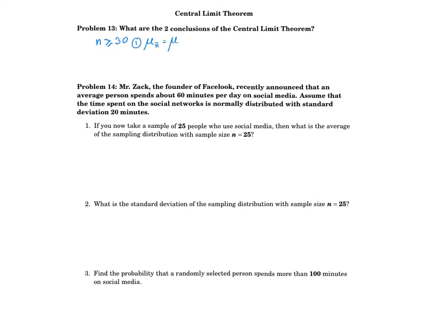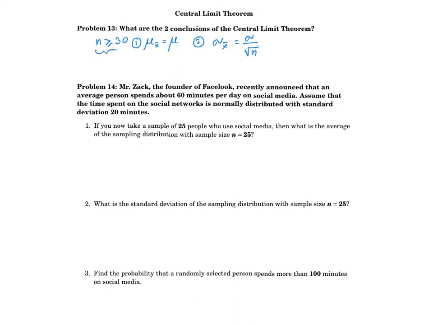So that's conclusion number 1. And conclusion number 2, again assuming that the sample size is greater than or equal to 30, the standard deviation of the sampling distribution is the standard deviation of the population, sigma, divided by the square root of the sample size. These are the two conclusions.